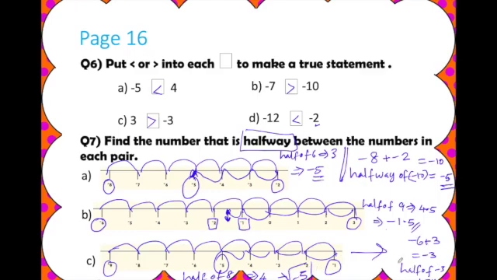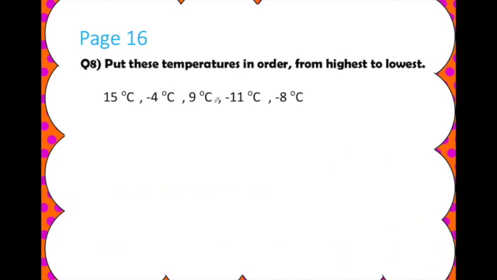Moving on to the last question of this lesson, put these temperatures in order from highest. So far we have done lowest to highest, now this is highest to lowest. So we are not going to circle negative numbers, instead we are going to circle positive numbers, 15, 9 only. And definitely 15 is the biggest, and write the sign greater because that's the greatest from all these given numbers.